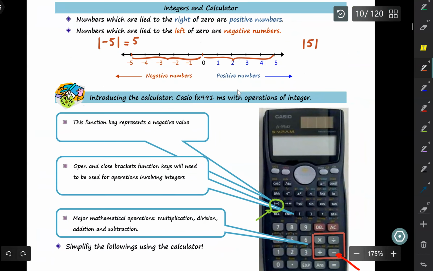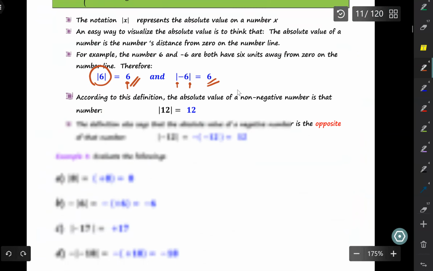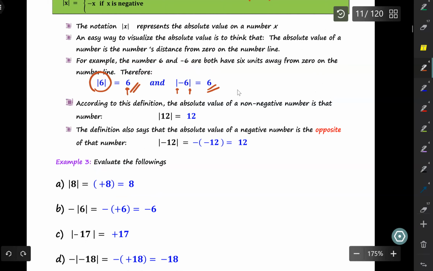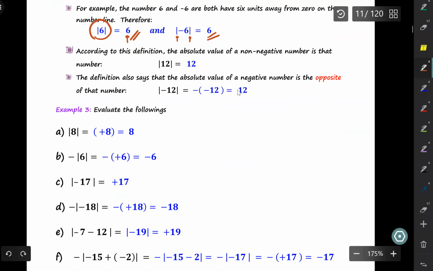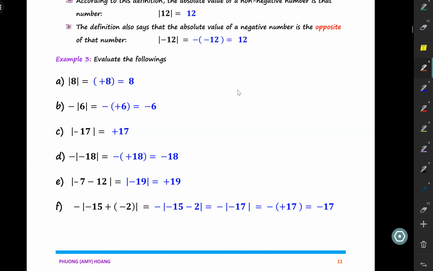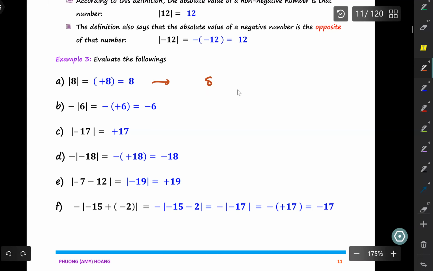Let's go back to the page where we have the definition. If I have the absolute value of 6 as positive, that is exactly equal to 6. If I have the absolute value of -6, you can take the absolute value away and present it as 6. Let's work with example 3. For number 8, notice that I have this sign before the 8 and after the 8.